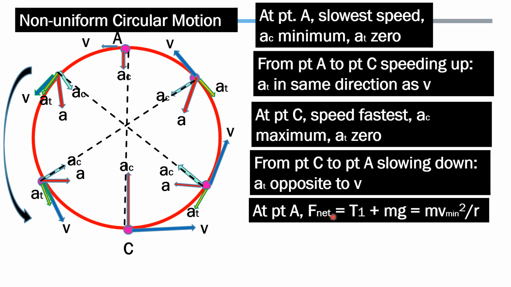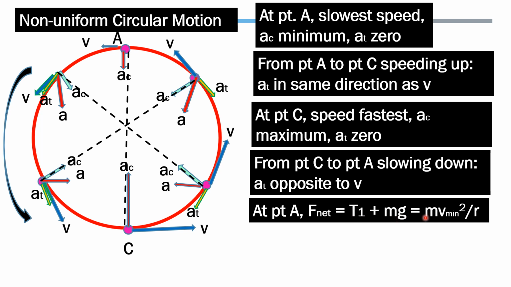So we have here the equation for the net force: T1 as the pull of the rope towards the center, plus the force of gravity, which also happens to be downward in the same direction as the tension. And we equate this to the formula for centripetal force, mv squared over r.